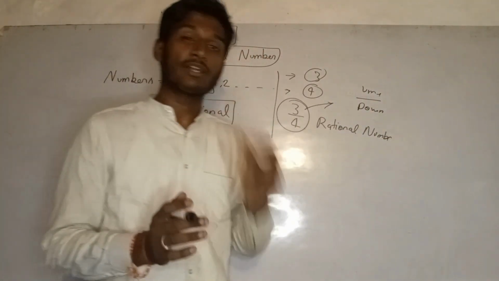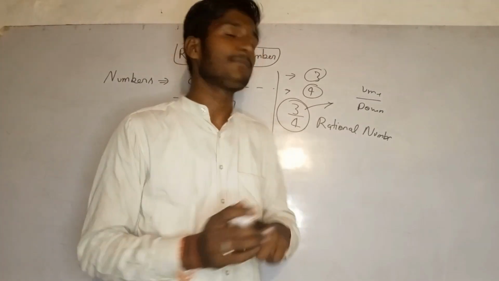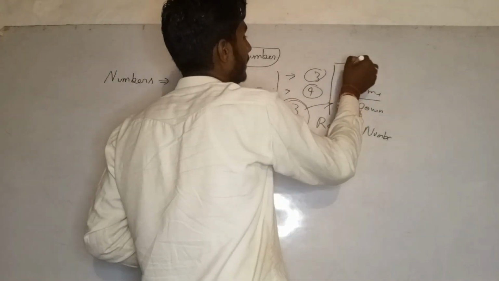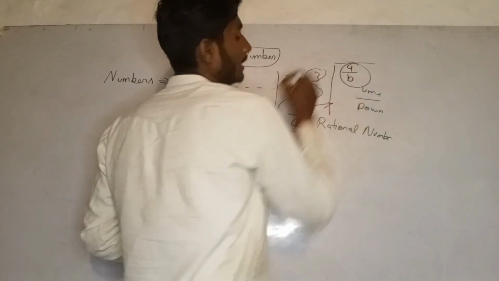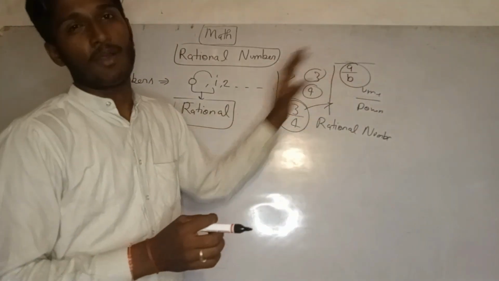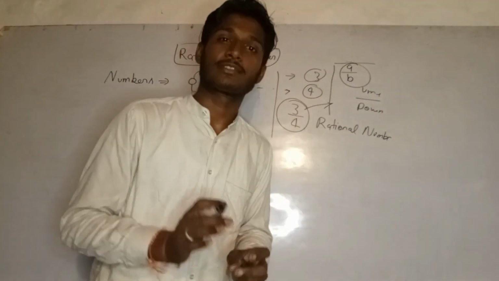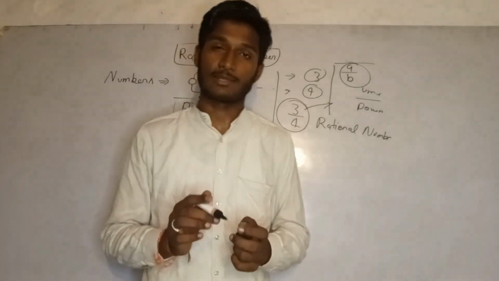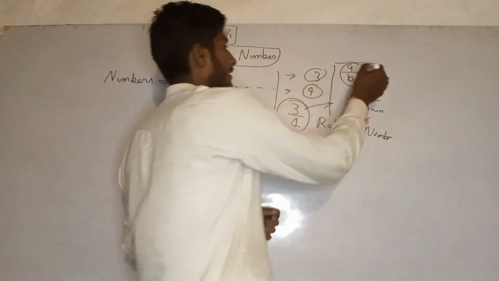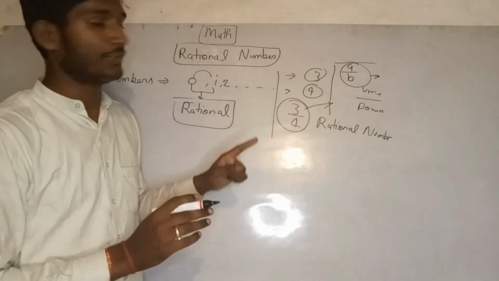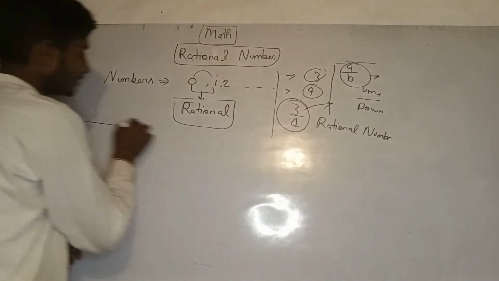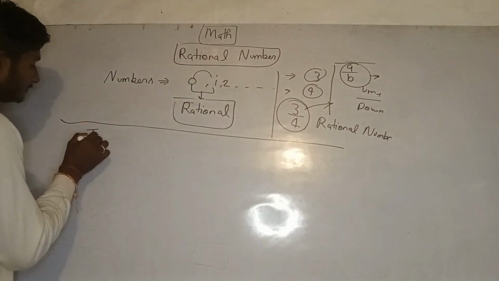So rational number means only one thing: if we can write any number in the form a upon b, it is always called a rational number. But this definition also has two conditions. What is the first condition?